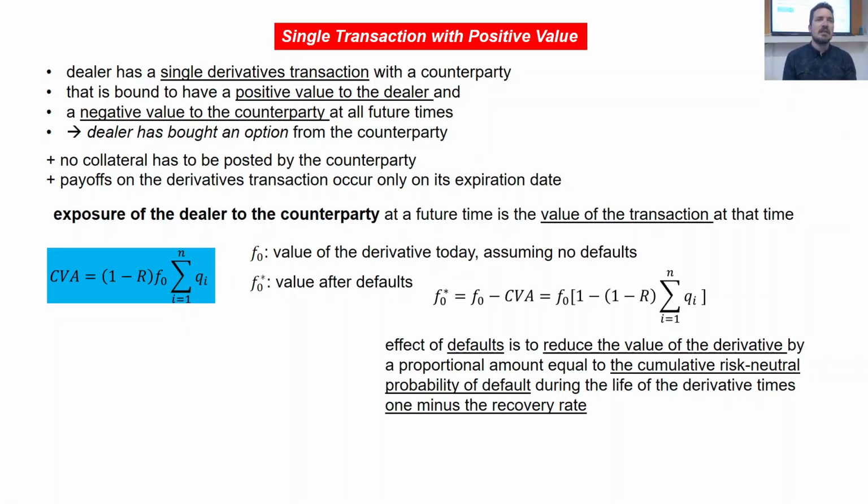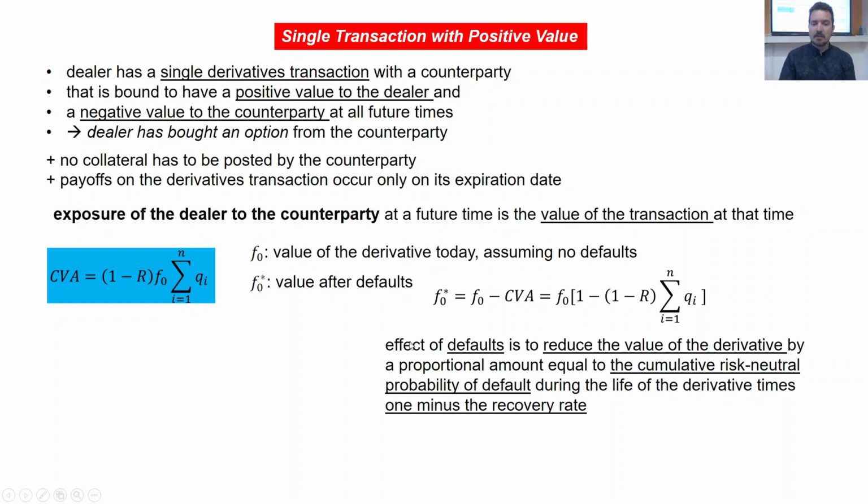Because at the end of the day, this is what is relevant for us, because if we would like to determine any kind of collateral requirement for the future, practically these value differentials will be necessary to do this. So value after default will be described by the value without default minus the CVA relationship. So practically we have to do this one after we are adding all the numbers together, putting things down, and after that we have this expression.